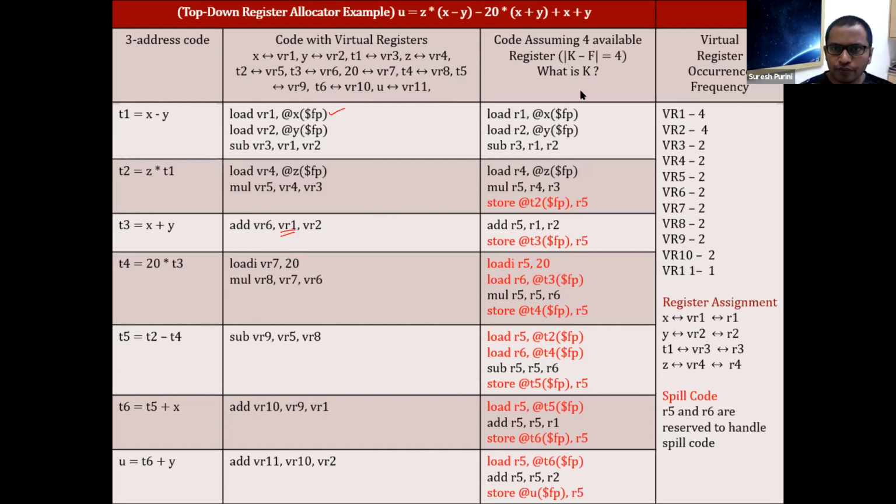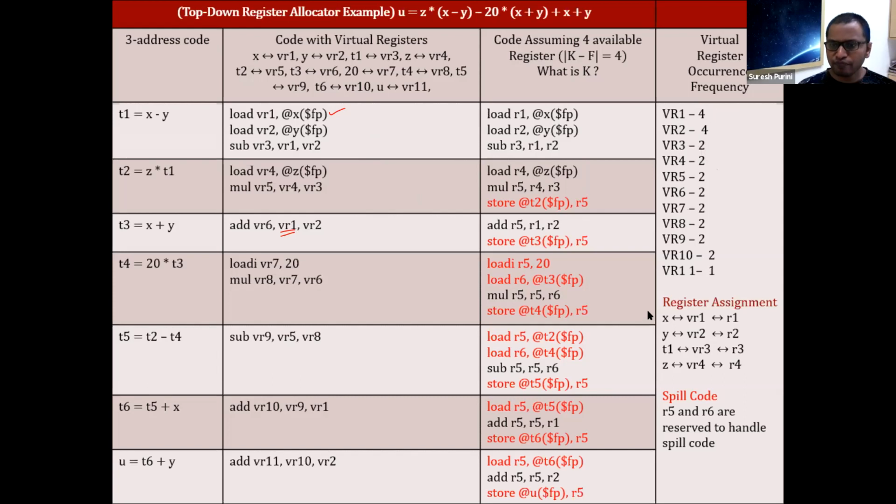Let's assume that there are 4 physical registers available for allocation. This is the frequency with which different virtual registers are accessed in this sequence of code. VR1 is used 4 times, VR2 is used 4 times, VR3 is used 2 times, and so on.